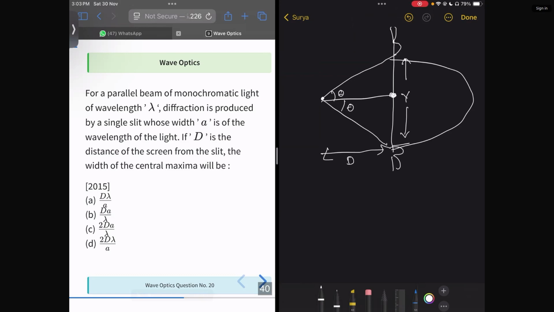The angular width at the central maximum is 2 theta, which is equal to 2 lambda by a.